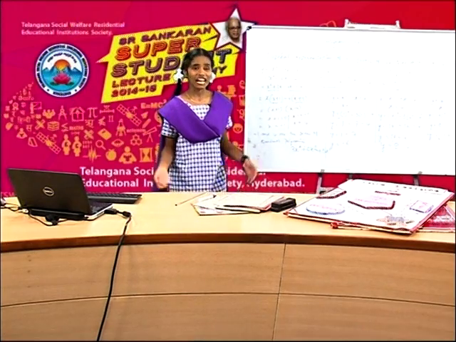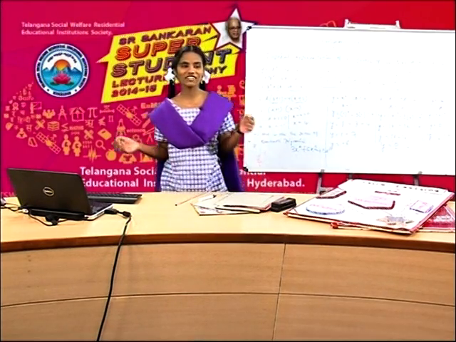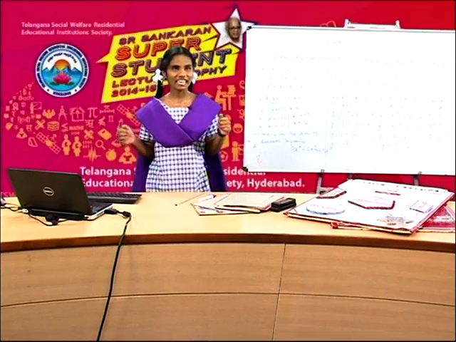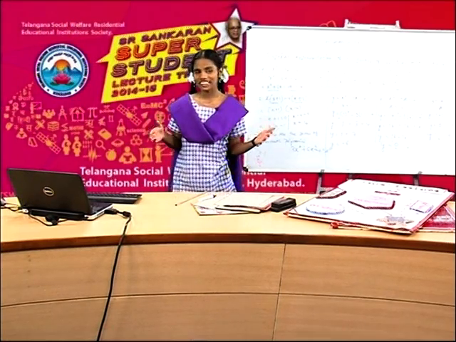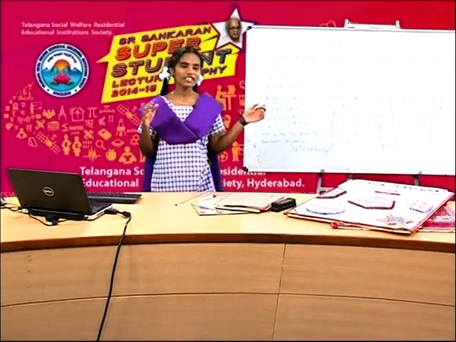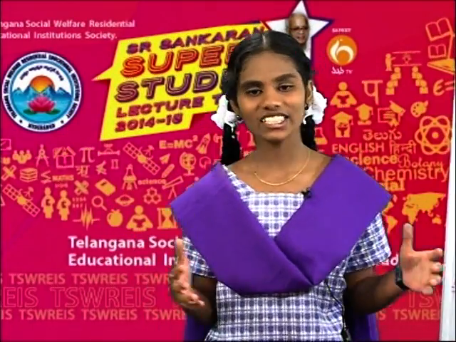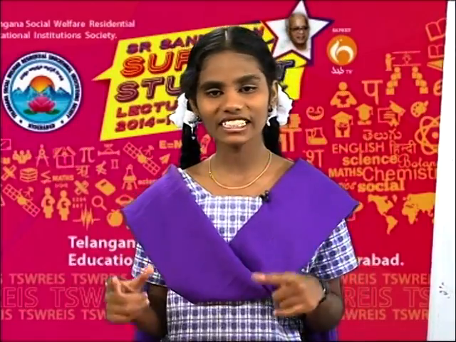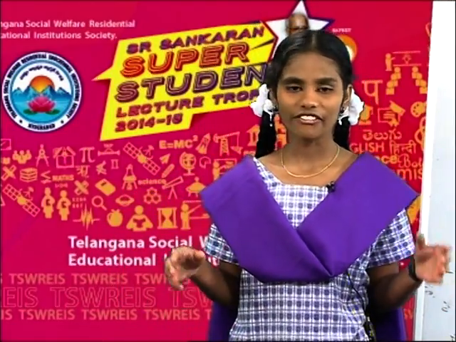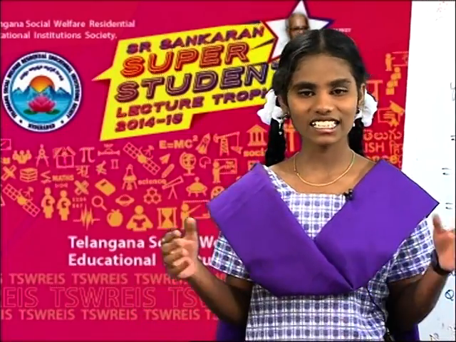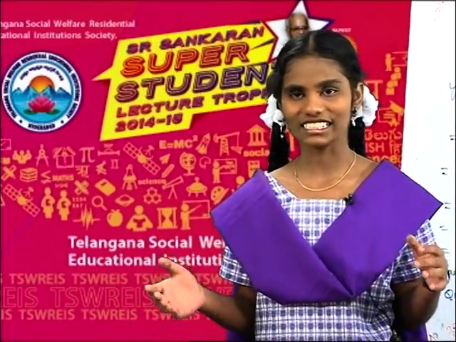Okay, friends, polynomials we are using in our day-to-day life to find areas. Suppose this room is in cube shape. To find the length and breadth of this cube also, we are using polynomials in our day-to-day life. Friends, if we take a triangle and all sides are equal, it is an equilateral triangle.